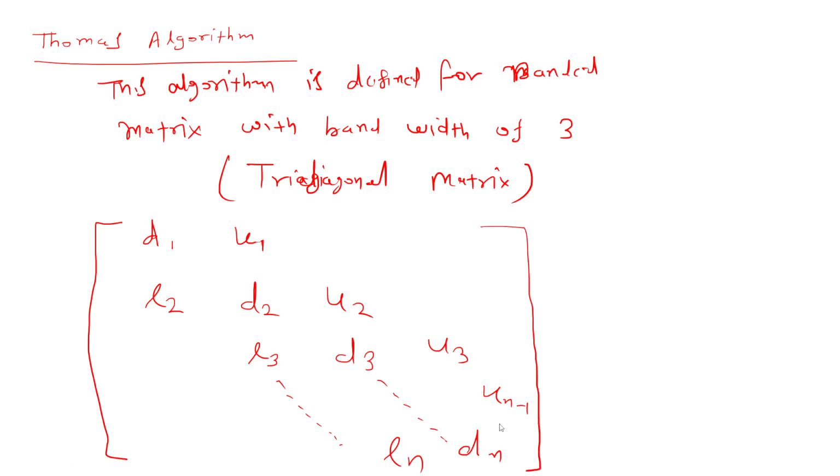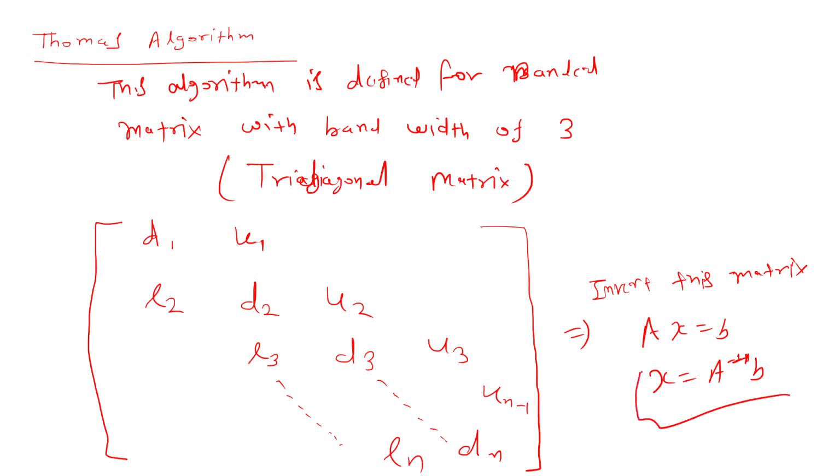So for this kind of matrix, we will have the Thomas algorithm. Essentially we are trying to invert this matrix, finding the solution of Ax is equal to B or x is equal to A inverse B.